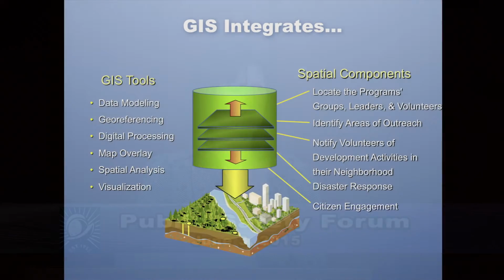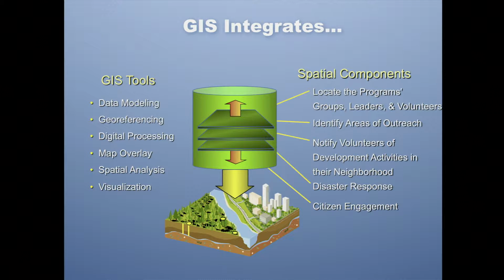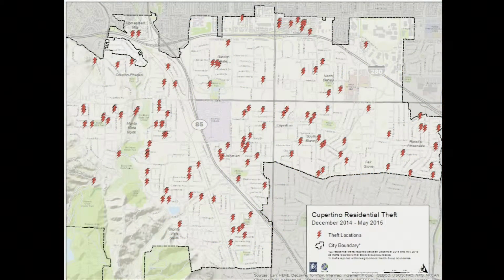Citizen engagement is a big one that we've been moving towards, building quite a few online GIS applications for the public to interact with and share our data. So with that, the Sheriff's Office was kind enough to share some of their data with us. And we have a map here of the Cupertino residential thefts in the last 6 months.